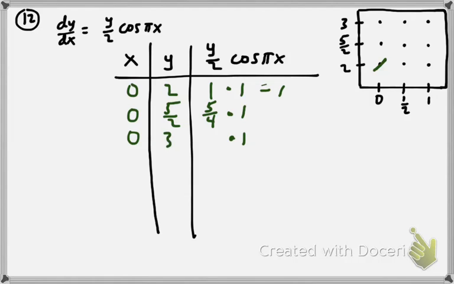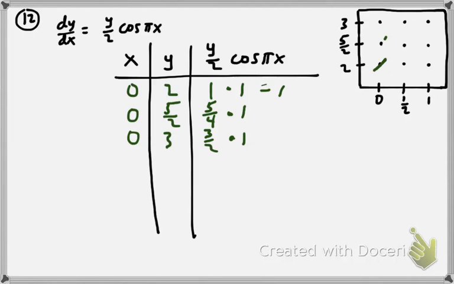When y is 3, y over 2 is 3 halves. So 5 fourths is a little bit bigger than 1, so it doesn't make it super easy, but 3 halves also. Just make sure that 1 1/2 is bigger than 1 1/4.